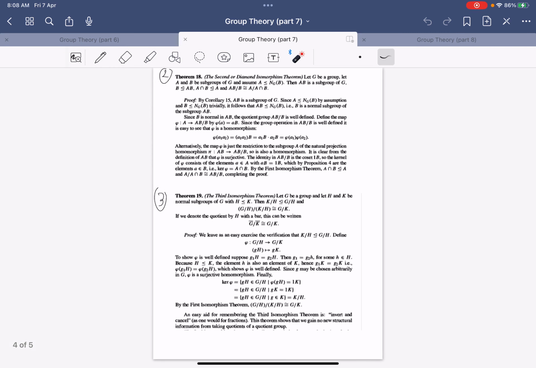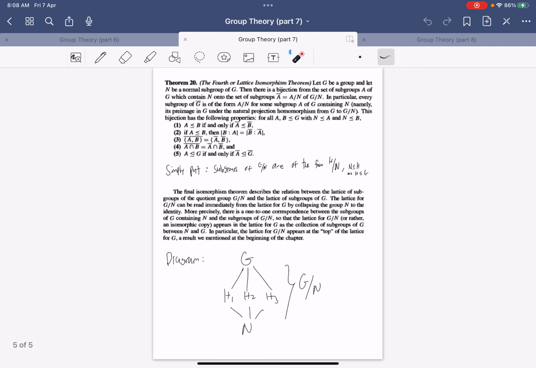And the last one we'll go through is the fourth isomorphism theorem, also known as the lattice isomorphism theorem. And you really think of it as a lattice later on. For this one, we'll leave the proof to the textbook for you to try out and read on your own.